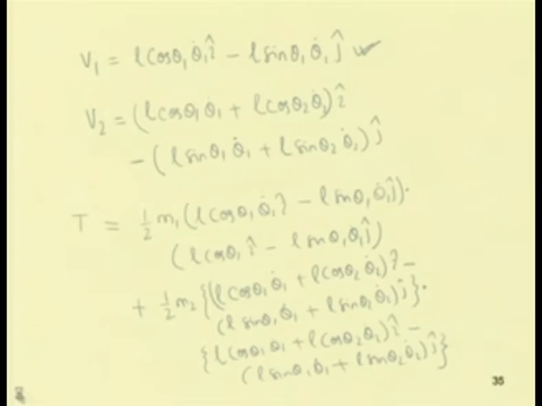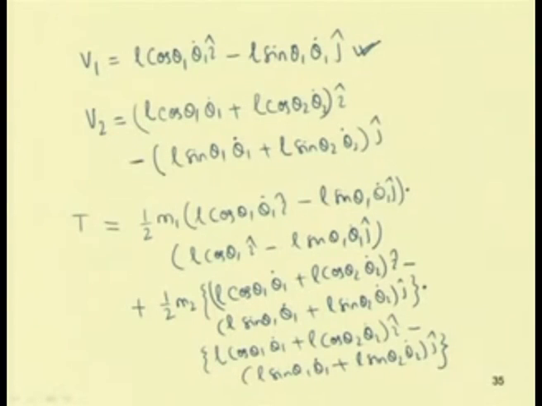In that way, for the first mass, T will be equal to half m1 L squared, cos into cos gives cos squared theta 1, so this becomes cos squared theta 1 plus sin squared theta 1.